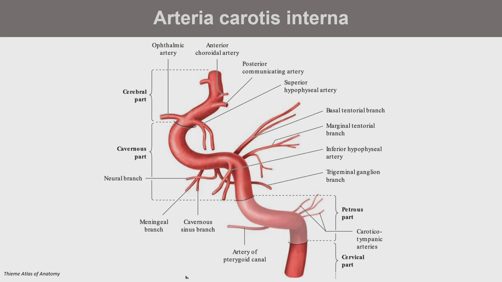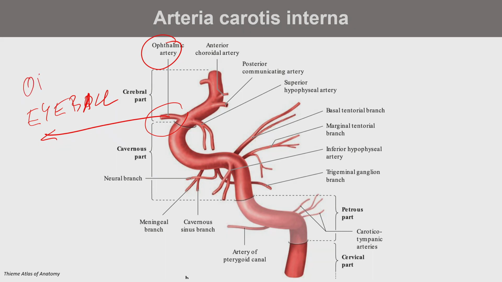The carotid has no branches in the neck region, in the cervical part. Then they are multiple. You do not have to remember all of them, but you have to remember one, which is called the ophthalmic artery, because the ophthalmic artery supplies the eyeball and the orbit, and also frontal tissues.